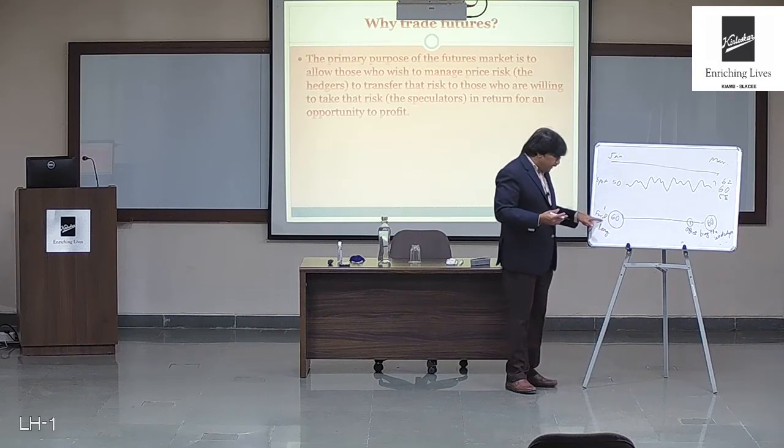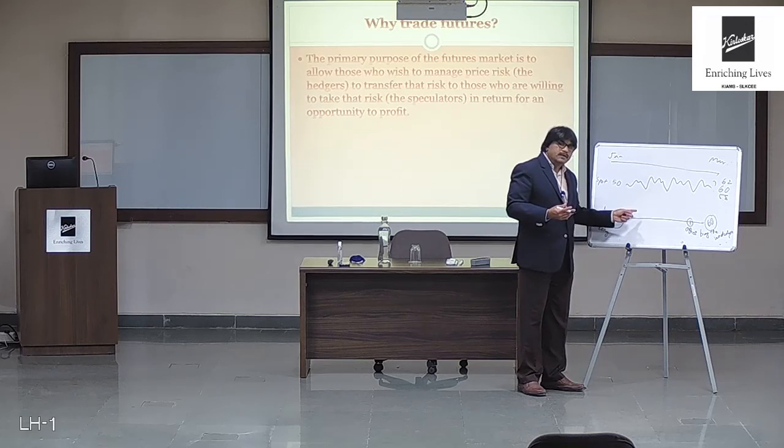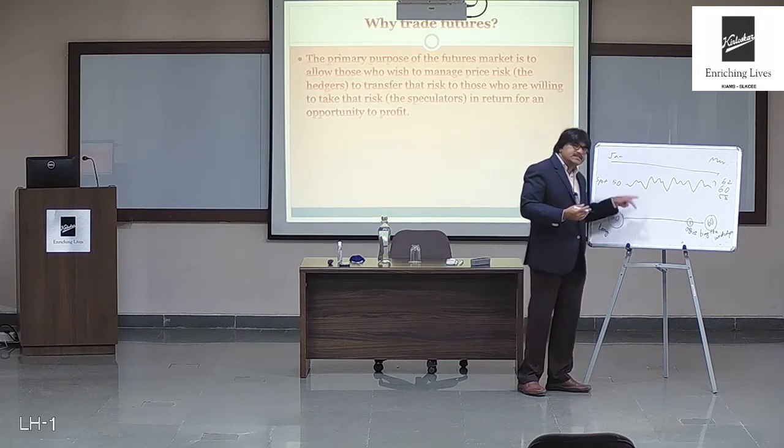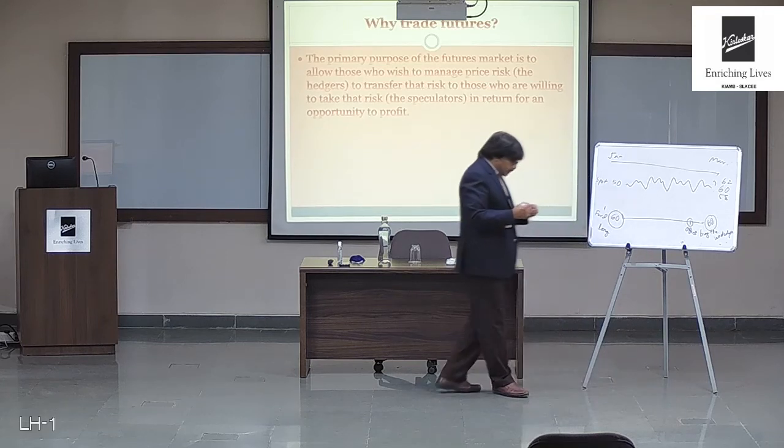Say, for example, when the firm signs a long forward contract or futures contract, there will be some person who has a short position, because if somebody is buying, there will be somebody selling. Now, if it is a forward, the other party is selling. If it is a future, the exchange becomes the intermediator, and the other side is the speculator's side.